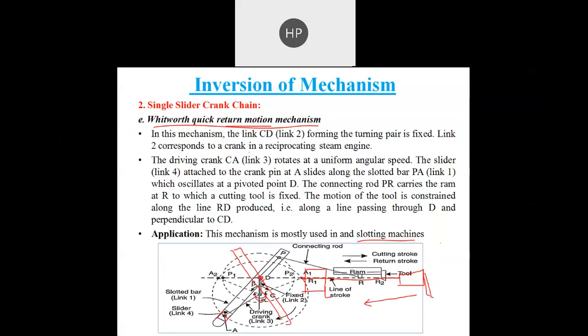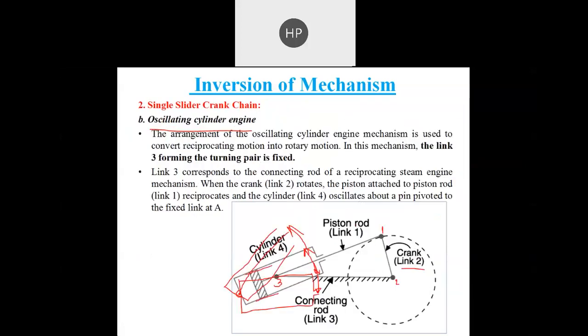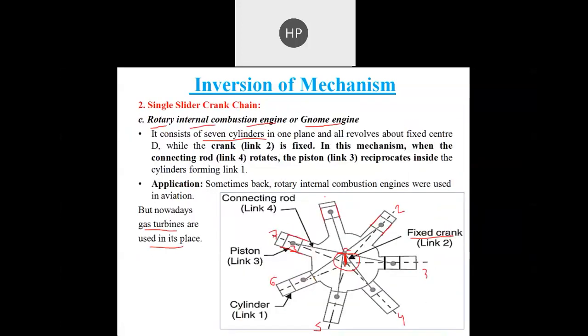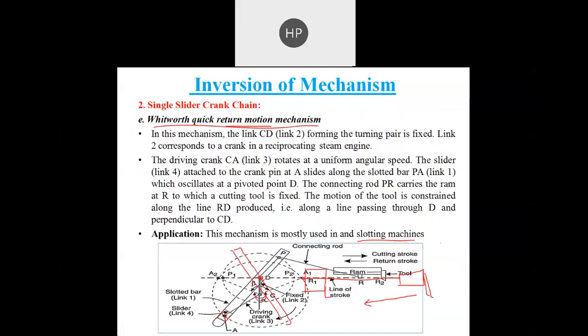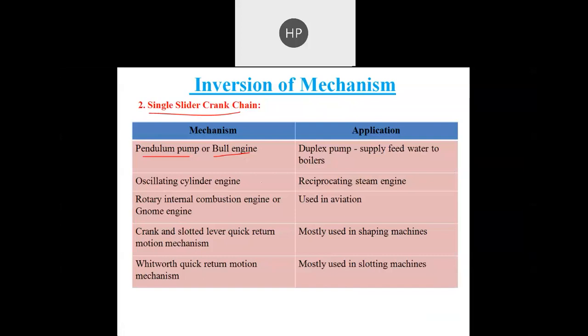We have seen these: pendulum pump, oscillating cylinder, rotary internal combustion engine, then crank and slotted lever quick return mechanism, and Whitworth quick return mechanism. So we will see where this single slider crank chain is applicable in different areas.